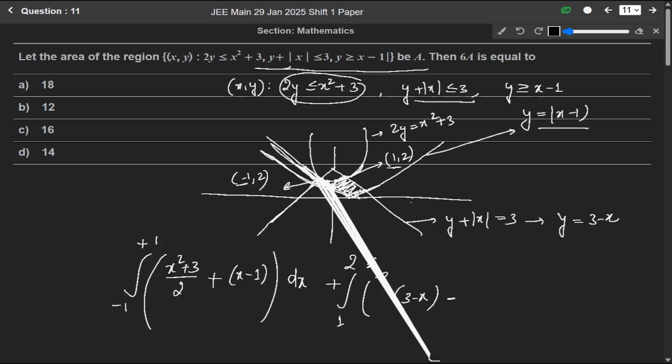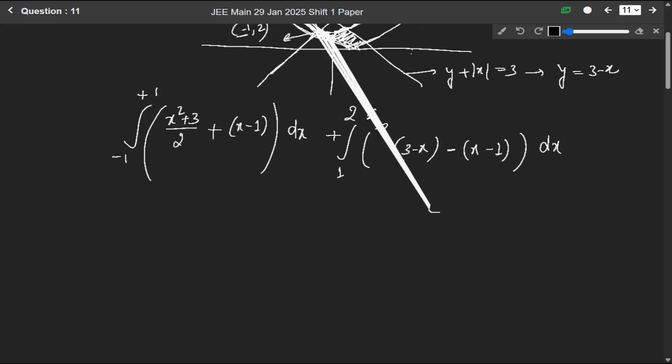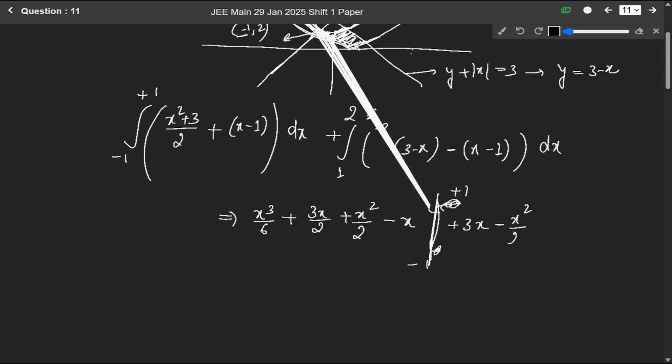and minus this x minus 1. Solving it, we get x cube by 6 plus 3x by 2 plus x square by 2 minus x, with limit from minus 1 to plus 1, plus 3x minus x square by 2 minus x square by 2 plus x, with limit from 1 to 2.